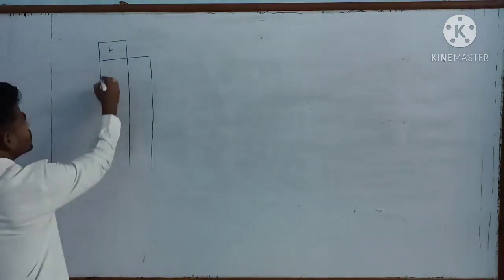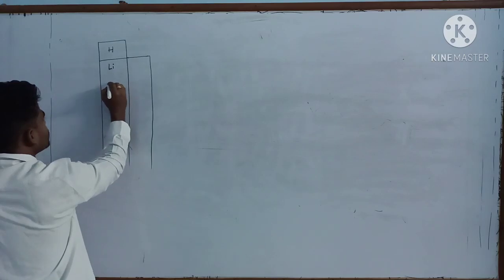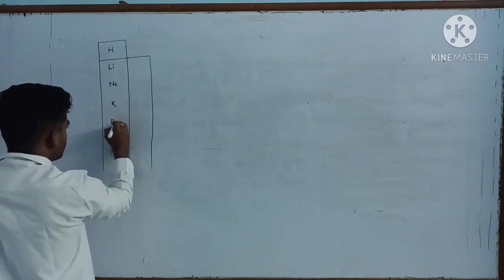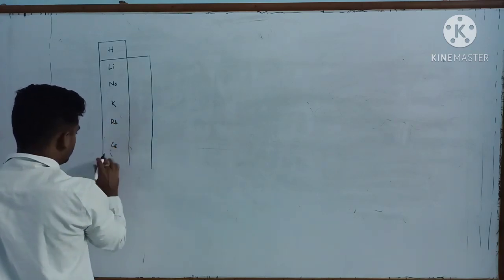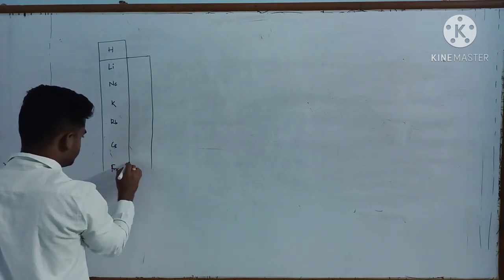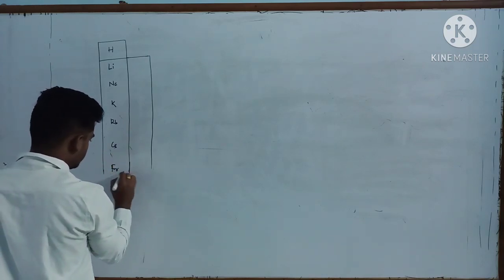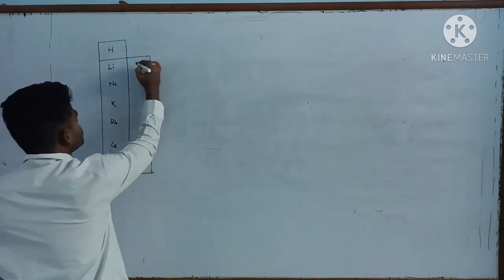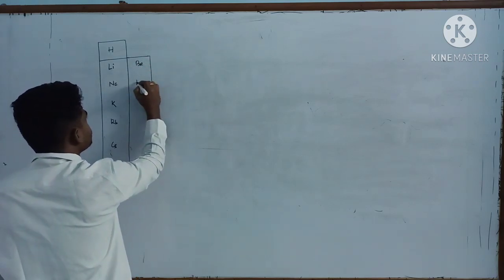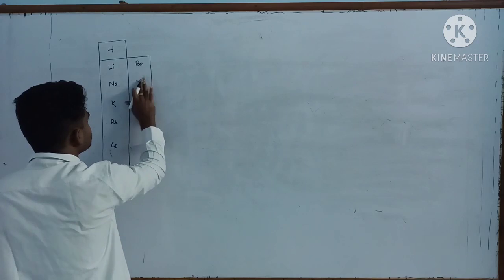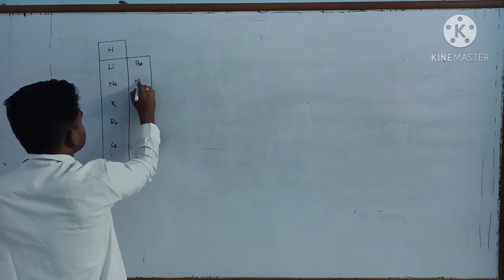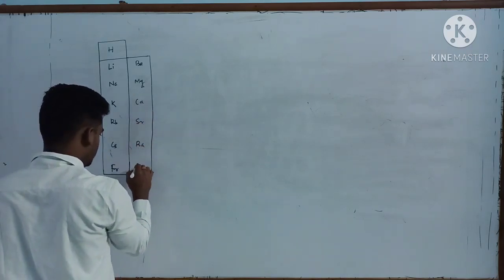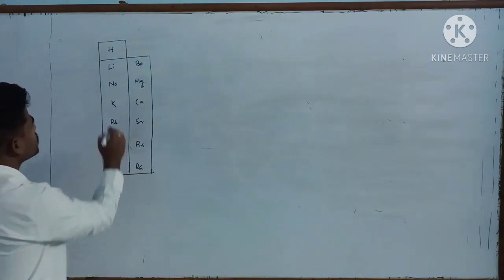Next lithium, sodium, potassium, rubidium, cesium, francium. And here beryllium, magnesium, calcium, strontium, barium. Clear?